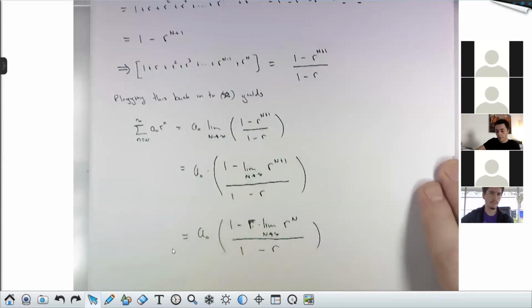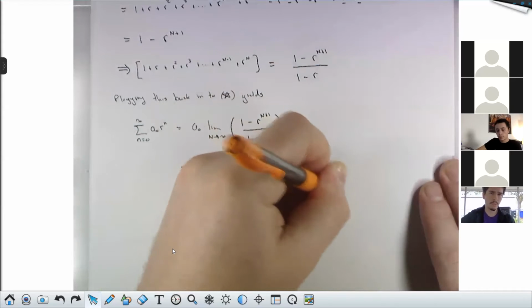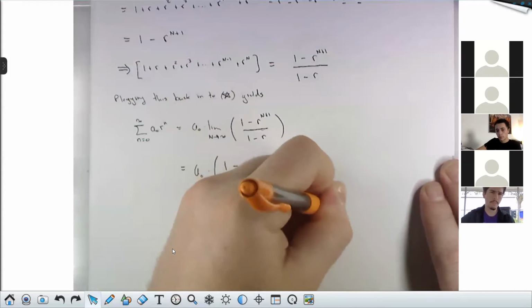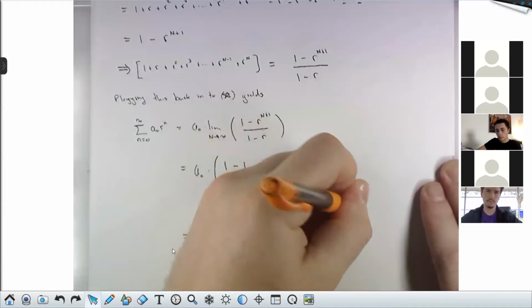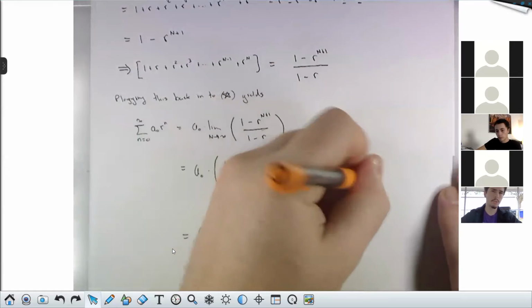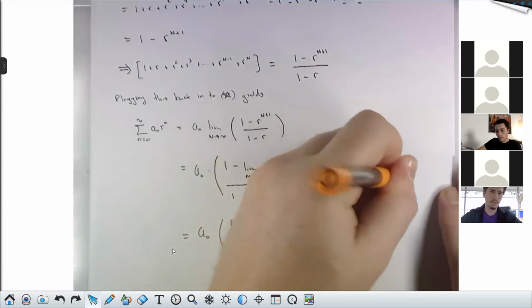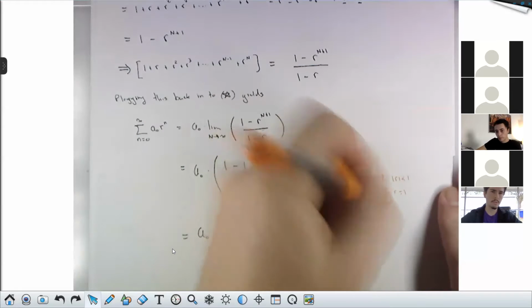And this limit, recall, the limit as n goes to infinity of r to the n. We had a theorem about this from last week. It's equal to 0 if the absolute value of r is less than 1. It's equal to 1 if r is equal to 1.